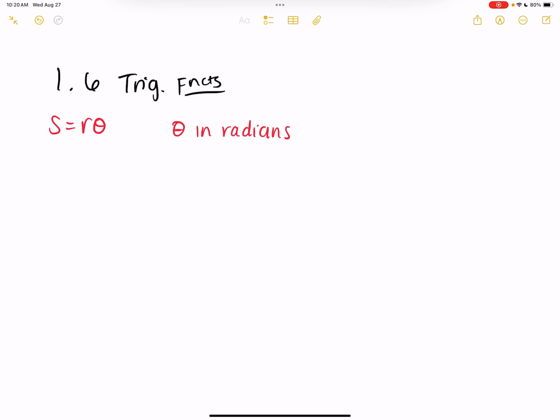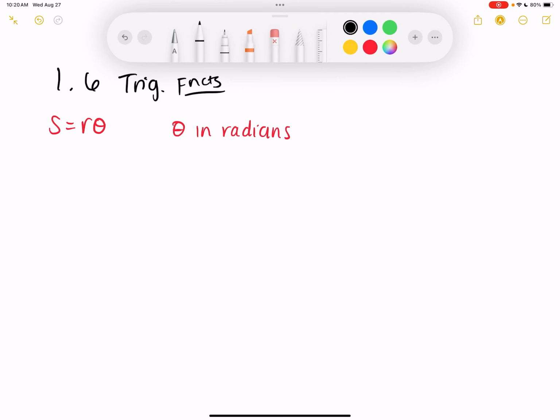So in number 2, they give us the angle is 175 degrees, and then they want us to find the radius value, and the arc length is 10.